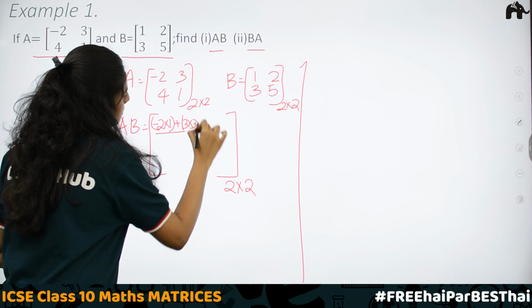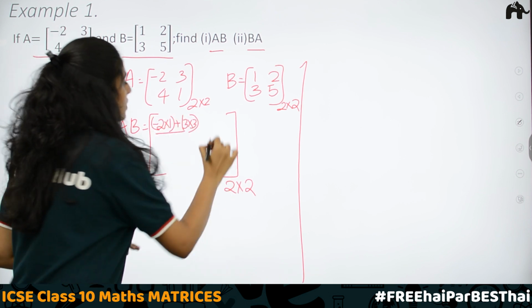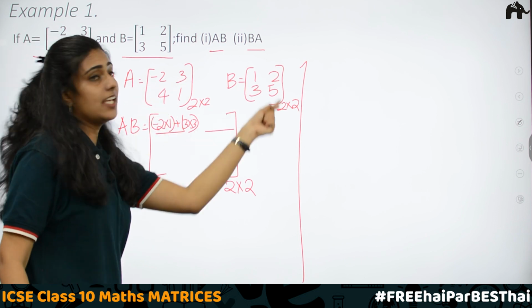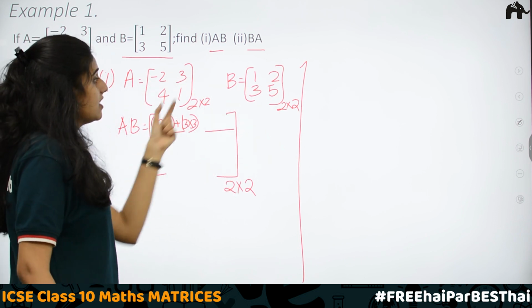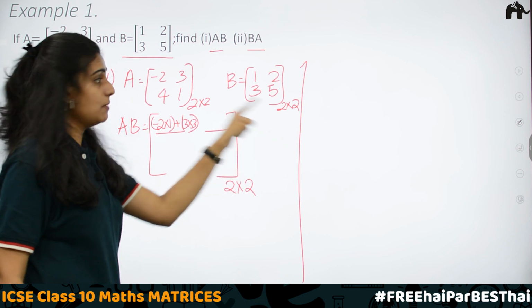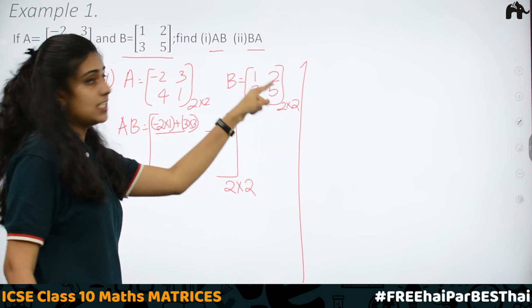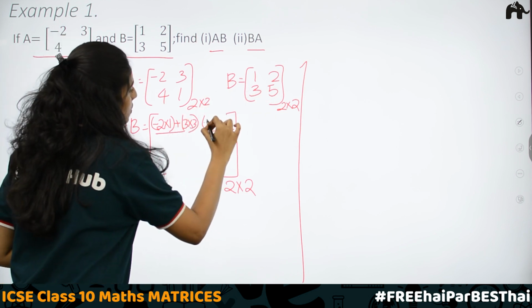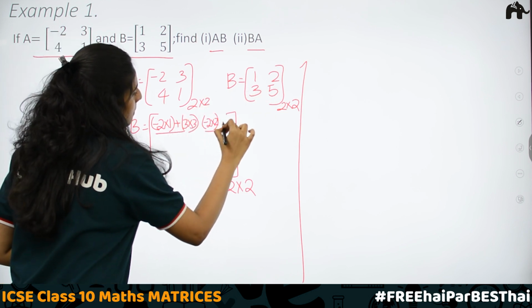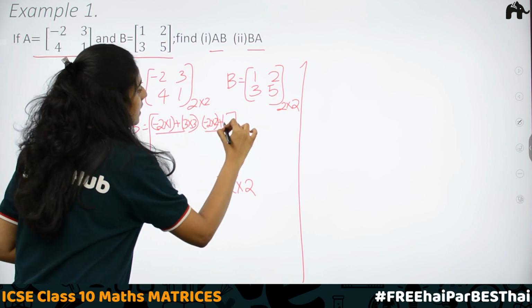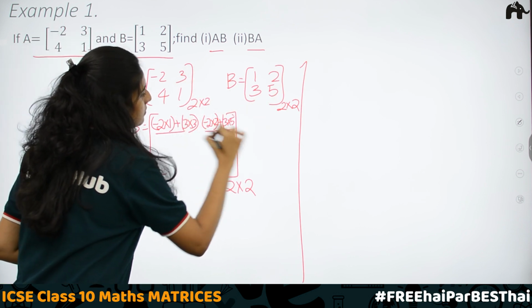Okay. Now to get the second element, we have to consider first row and the second column. First row of first matrix, second column of the second matrix. Minus 2 into 2. These are the first elements. Minus 2 into 2 plus 3 into 5. Second elements. 3 into 5.